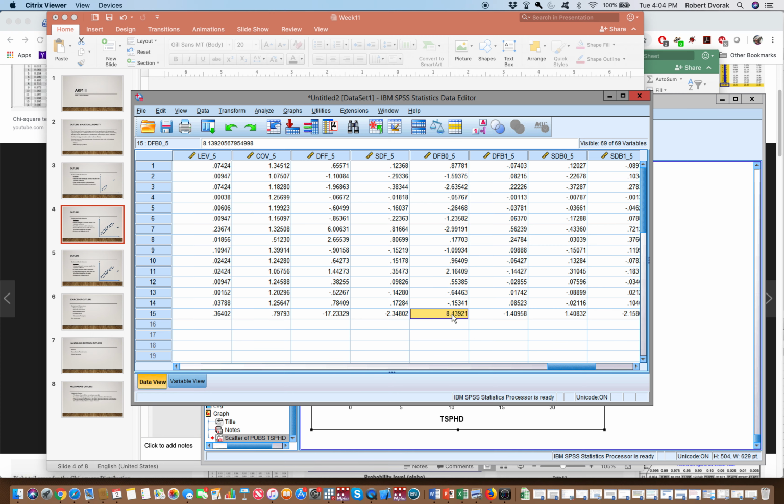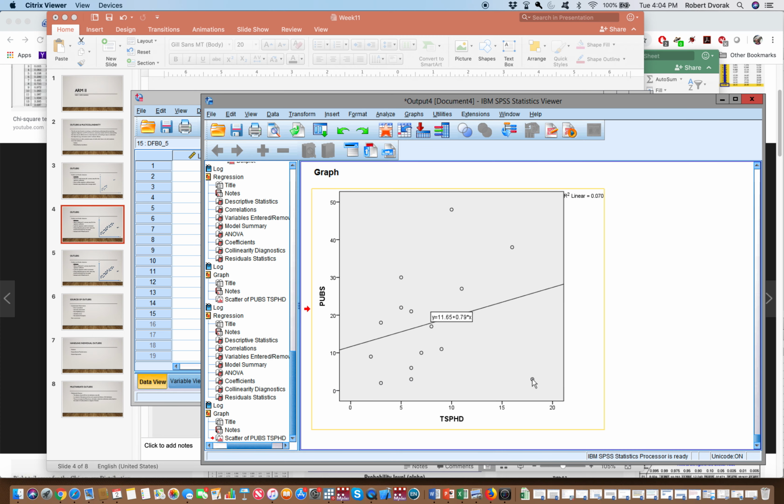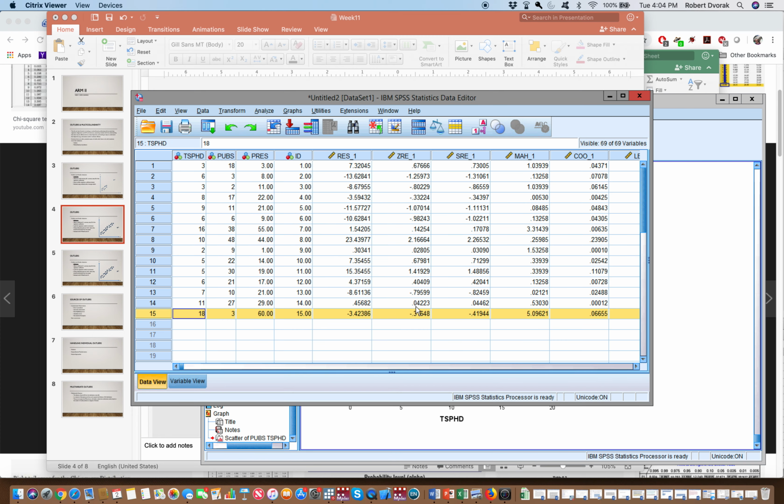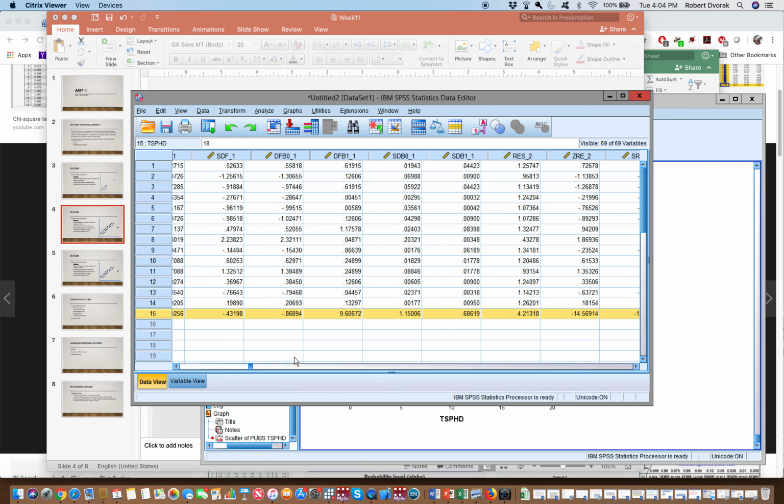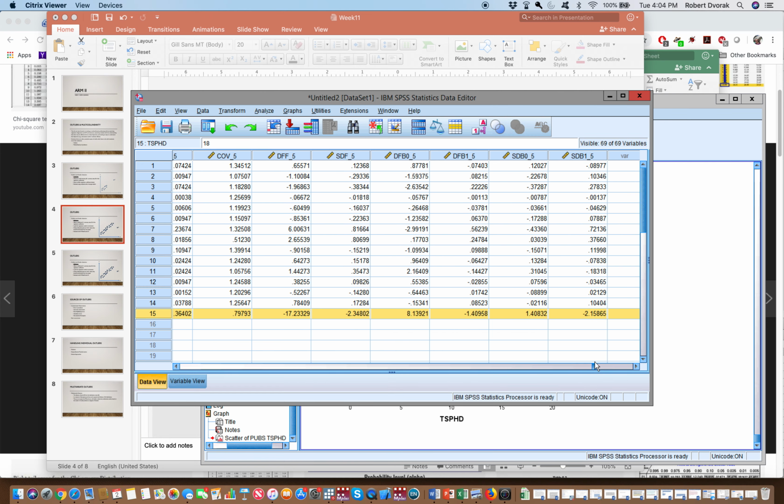In this case, if you were to remove this one outlying value, we would drop our intercept by a value of 8.13, and we would increase our slope by a value of 1.4. This is telling you what this observation is doing to the intercept and the slope, and that is pretty drastic. You can't make a really good description or really good comparison.